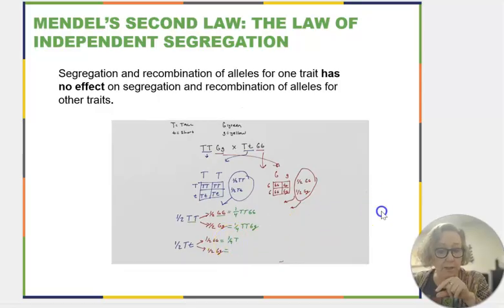You can pause it and keep going. You just have to follow this: big T, little t, big G. What's this one going to be? 1/4, because 1/2 times 1/2 is 1/4.